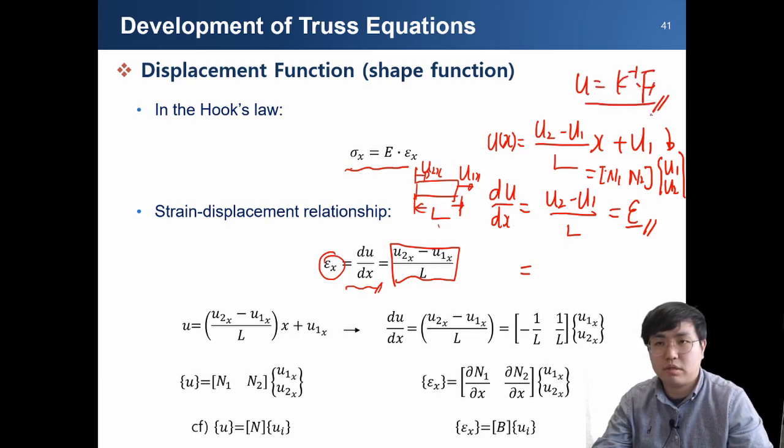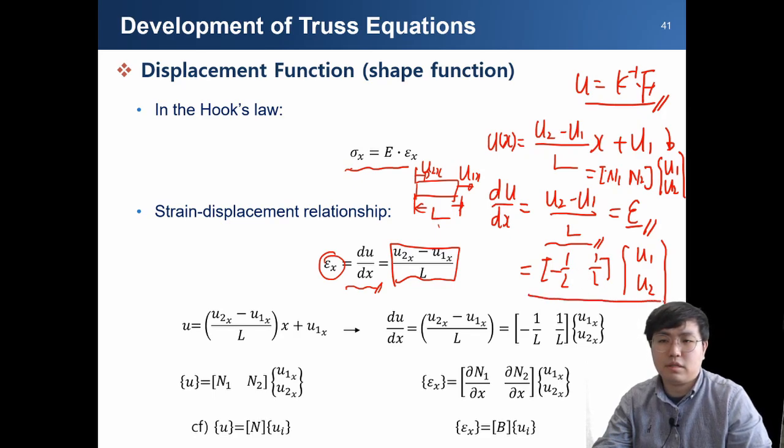Similarly, I'm going to reorganize this value, so that u1 is multiplied by 1 over L, and u2 is multiplied by plus, and here minus 1.